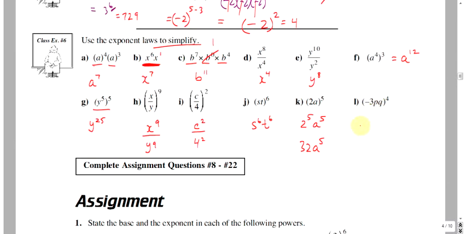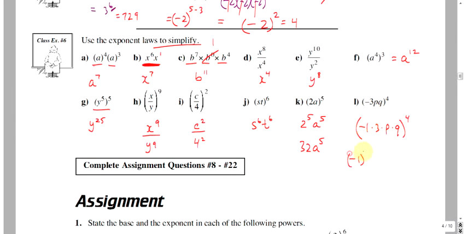This is negative 1 times 3 times p times q. We okay with that? Is that the same thing as this? Yeah, what's negative 1 times 3? Negative 3. I've separated all of this stuff out, including the minus sign.